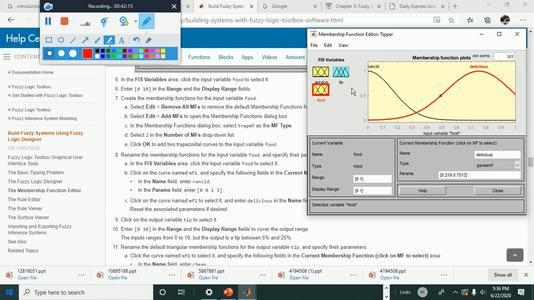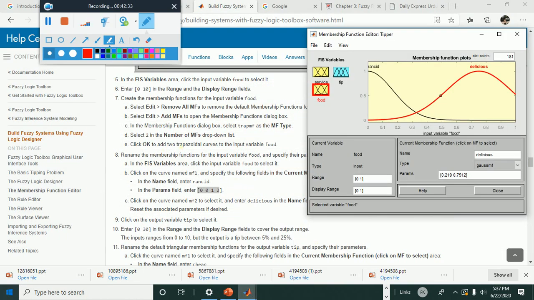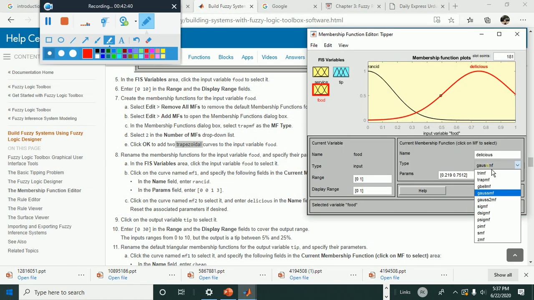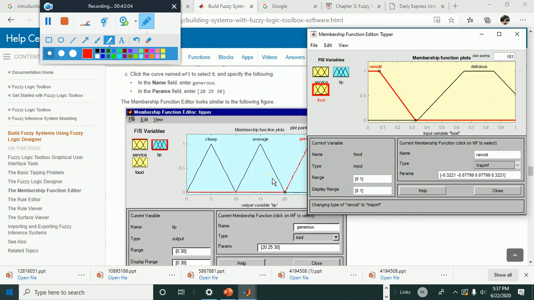Here we have the range from 0 to 13, so they did not use the Gaussian function for this, but they have used the trapezoidal function, so we will change it into trapezoidal function, and this one also. For the trapezoidal function we have to enter 4 values, and also we will see the range of the display.